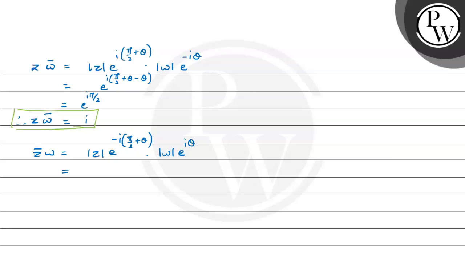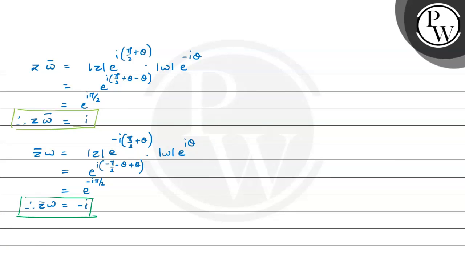Again, since modulus of z times modulus of w is equal to 1, we can simplify and get e raised to I times minus pi by 2 minus theta plus theta, which is equal to e raised to minus I pi by 2, and this value turns out to be minus I. So we have z conjugate times w is equal to minus I.